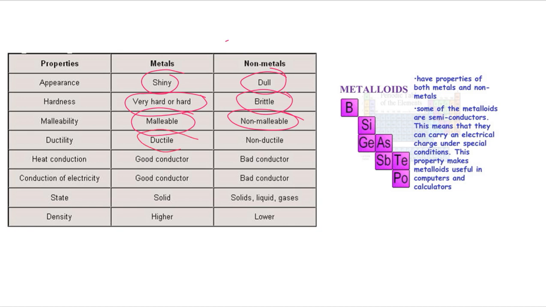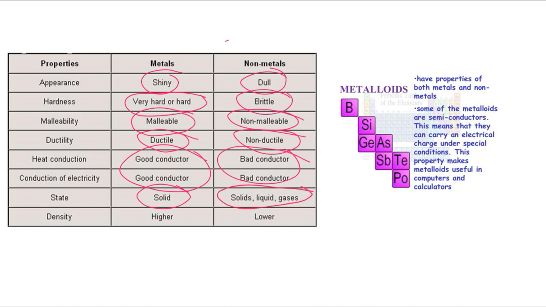Metals are ductile. It means that you can make wire with them. Non-metals are non-ductile. Metals are good conductors of electricity and heat.